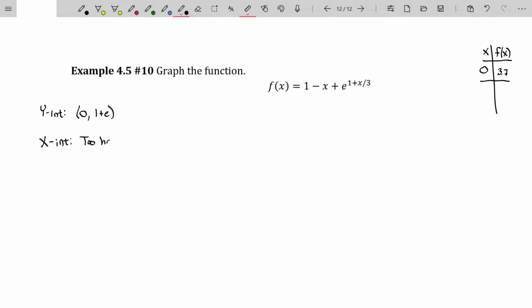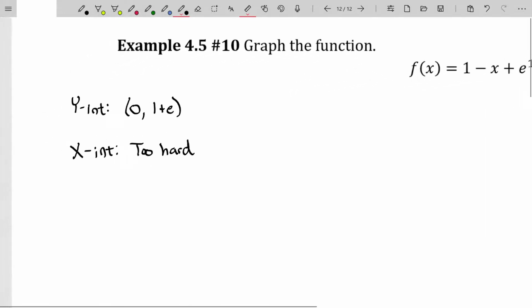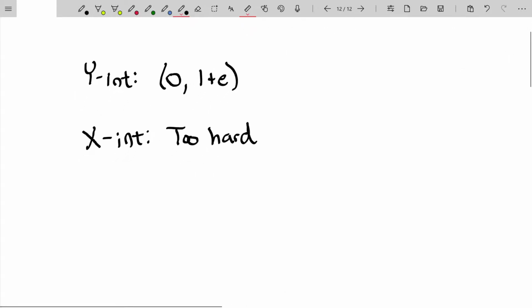Now, let me just let you know, saying too hard is not an answer on an exam when it comes to every question. You can't just say, this question is too hard. But in this case, finding the x-intercepts by hand, yeah, that's a bit too hard. Although you could use the intermediate value theorem to approximate the interval, but I'm not going to do that.